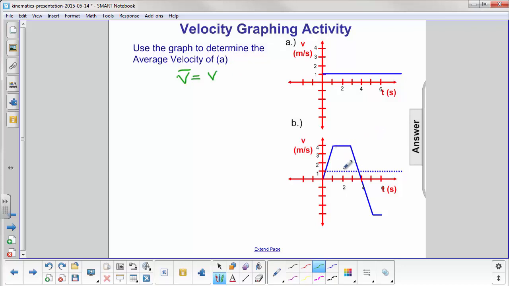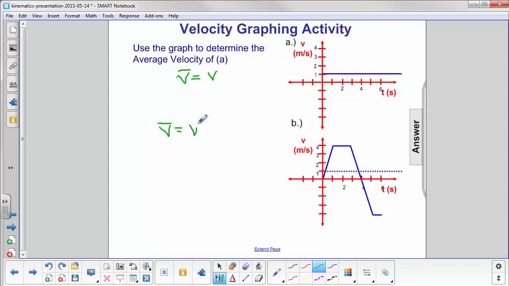Now, in the second case, B, you can see the velocity increasing in a straight line, leveling off, then decreasing in a straight line. In this case, when we want to find the average velocity in any time interval, we use this formula here. And again, this only works if your velocity is increasing in a straight line or decreasing in a straight line.